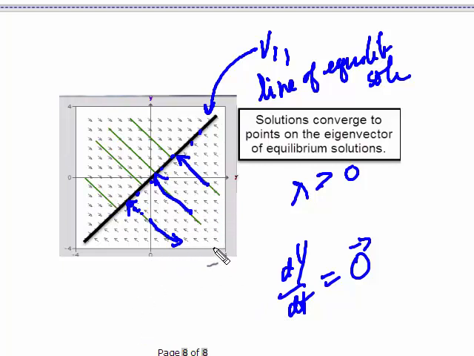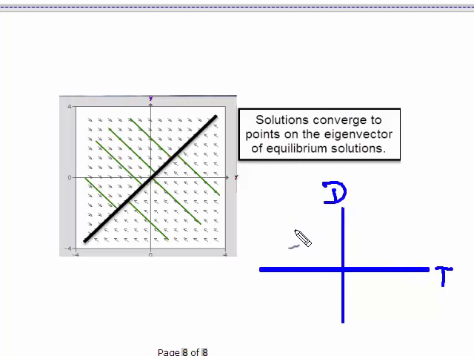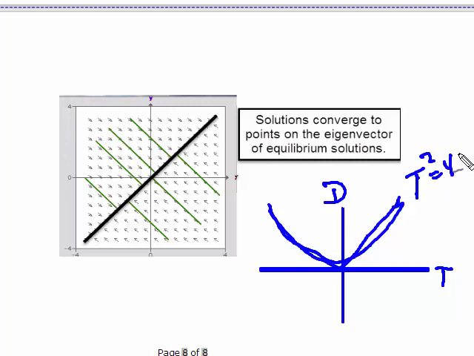If you recall that trace-determinant plane, let me erase this for a second. Okay, so we had a trace-determinant plane. Here was the trace, and here was the determinant. Then there was a parabola that came through like this, and it should hit the origin, sorry about that. This was t squared equals 4d, and in here were the centers and the spirals.